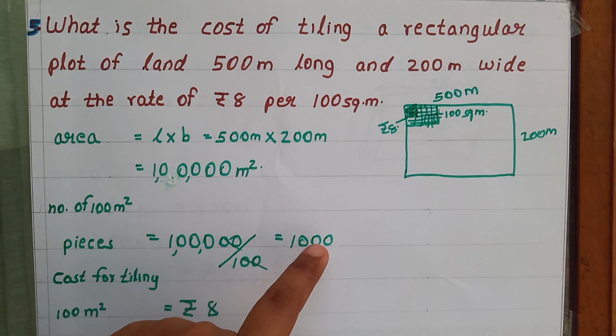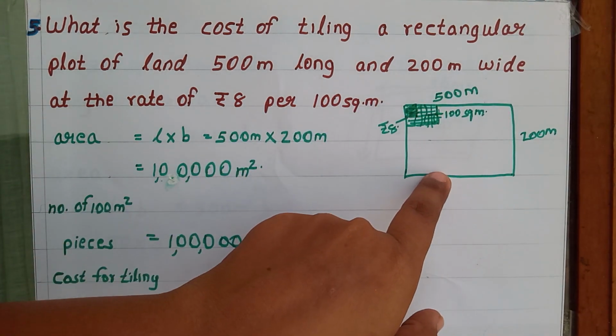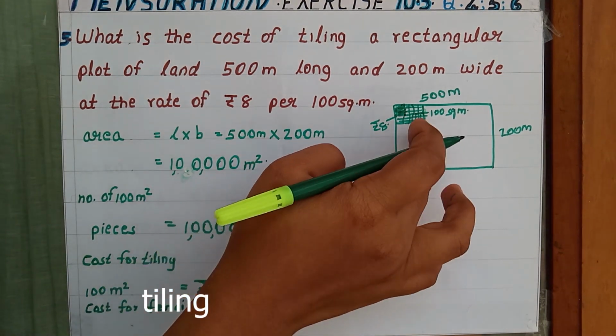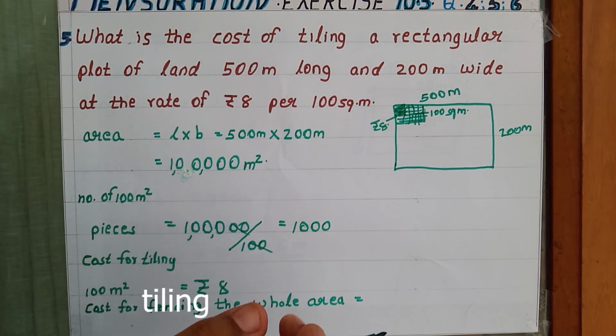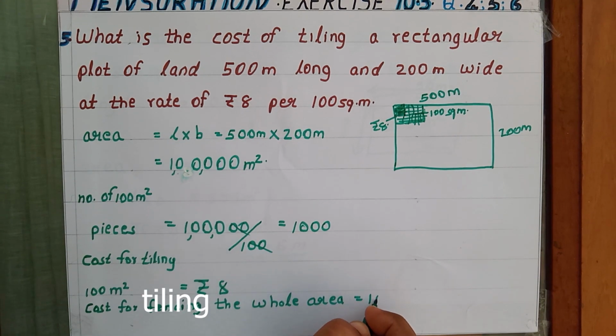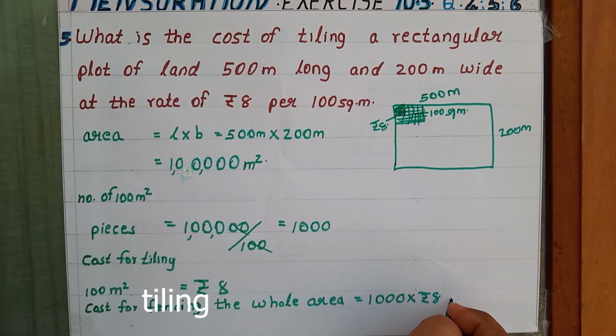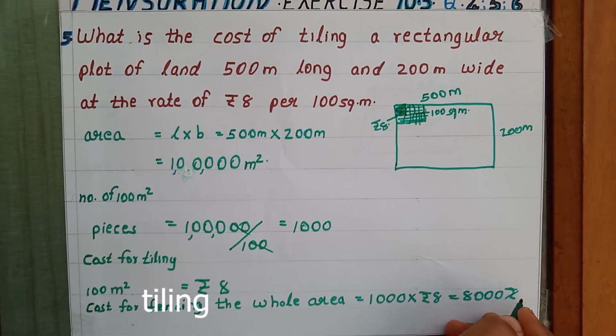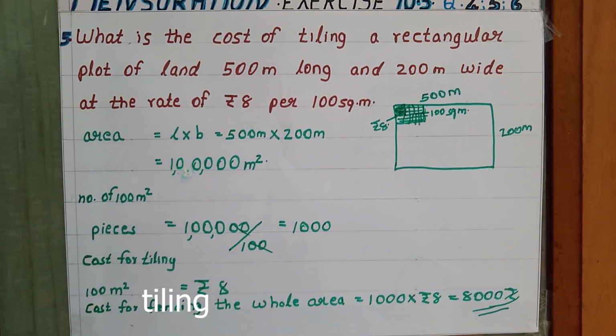Such 1000 pieces we are getting from this whole area. Now the whole area is divided into 1000 equal parts. So 1000 into rupees 8 equal to 8,000 rupees. This is the answer for this question.